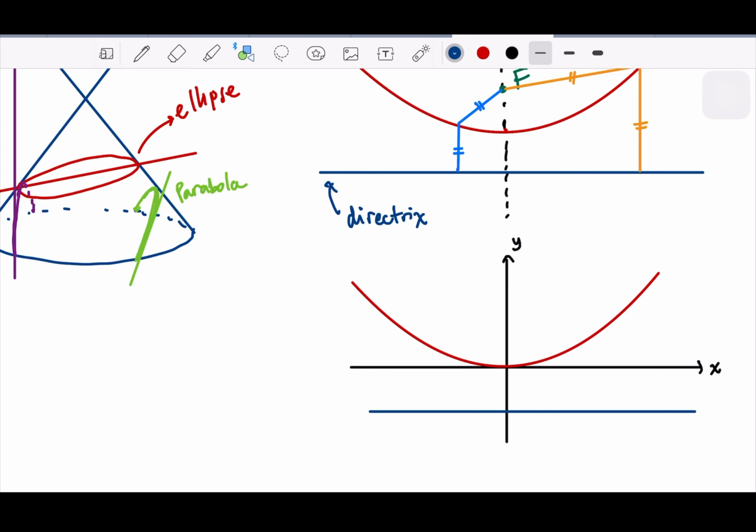So this will be our directrix, and this will be our focus. Let's say this is our F, and let's say F is at 0, p. So it's p here. So the other side should be negative p, right? In terms of the general x, y axes for a parabola.